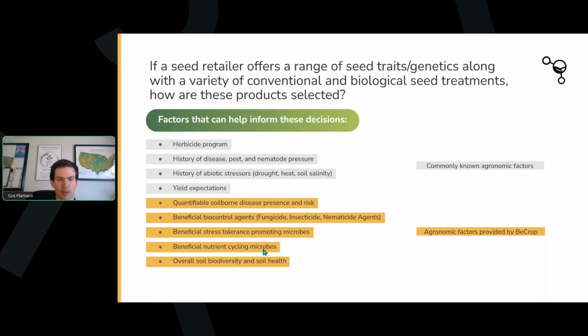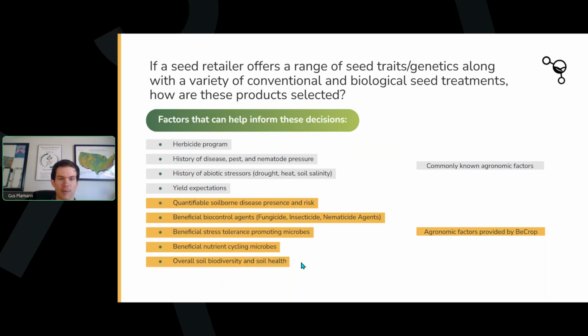Beneficial nutrient cycling microbes. So again, if you do have strong nutrient cycling, maybe prioritize on crop protection. But if those nutrient cycling microbes aren't there, then of course a seed treatment that maybe inoculates nitrogen fixers or phosphorus solubilizers is really key. And then again, overall soil biodiversity and soil health. Some of those indicators, just to give you an idea of, is the needle moving in the right direction?